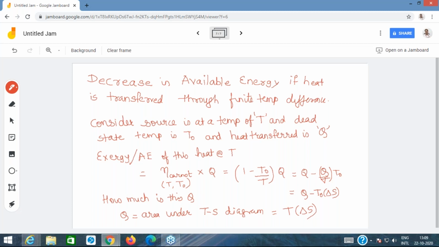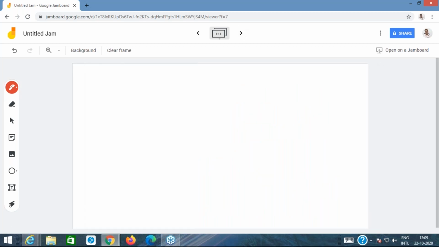Now let us assume that this heat is transferred, and we are interested in knowing what happens to the exergy when this heat is transferred through a finite temperature. So we would be considering the heat transfer Q to a lower temperature T dash, such that T minus T dash is a finite value.